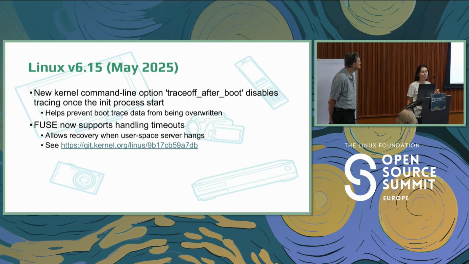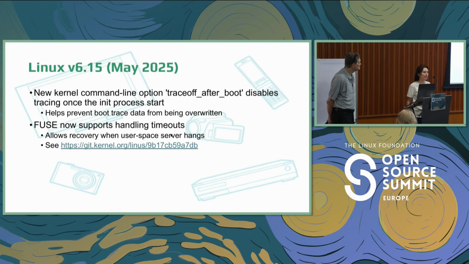6.15, so we are in May this year. New kernel command line option trace_instance off after boot that disables tracing when the init process starts. So it could be interesting. And FUSE supports handling timeouts.